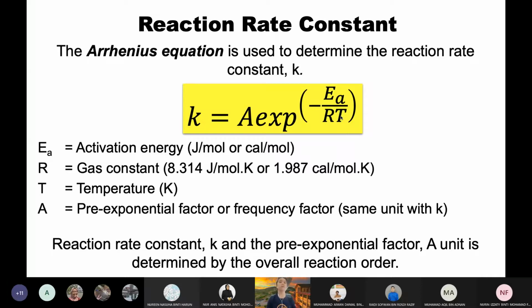They are also gas constant in this equation, and for these two equations, the R is for the energy calculation. So the R for the energy calculation in this equation is only either one. Either you use 8.314 joule per mole Kelvin or 1.987 calorie per mole Kelvin.